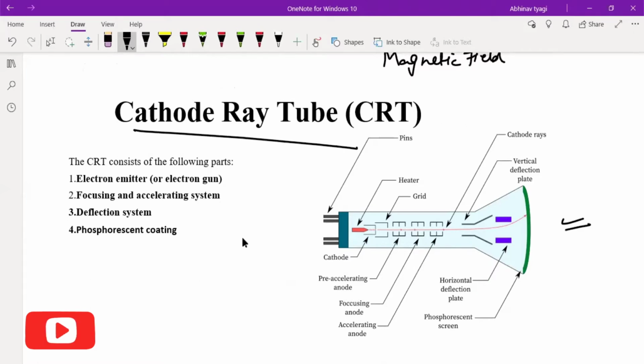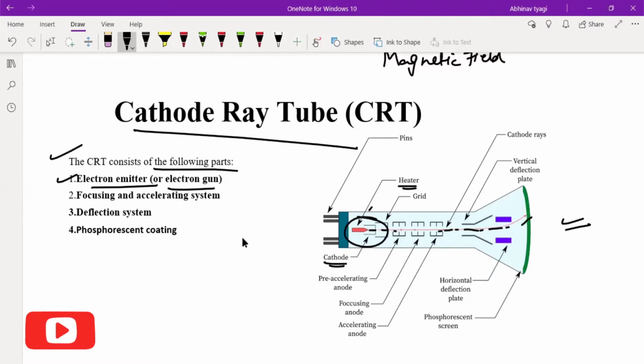Here, the CRT consists of the following parts. Number one, the electron emitter or electron gun. The electron gun comprises primarily of heater and cathode. This is cathode and this is heater. It emits the sharp electron beam. Here is the sharp electron beam, you can see here.